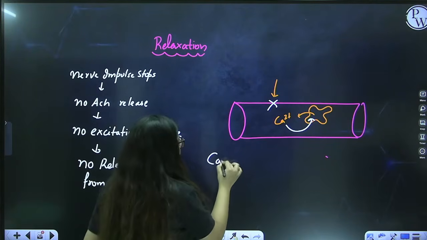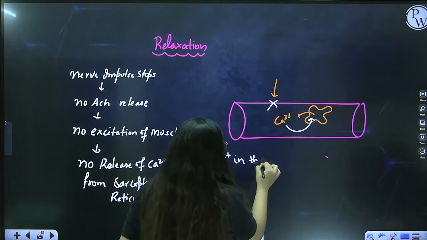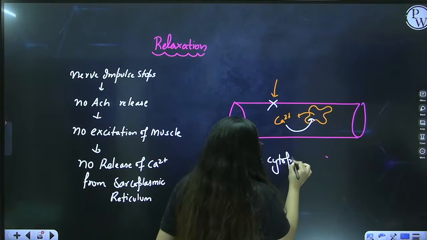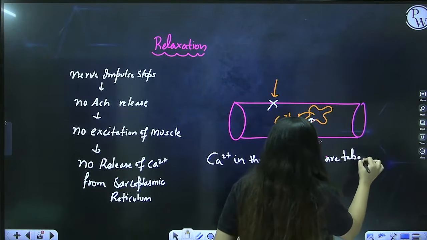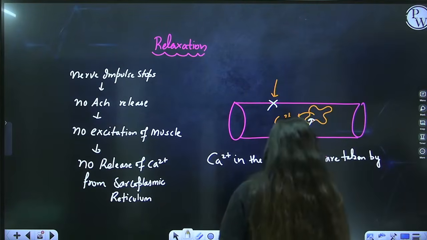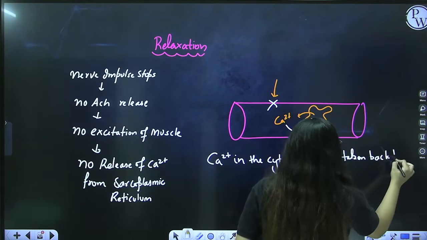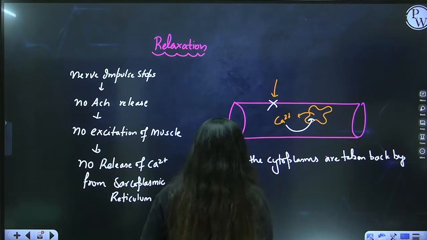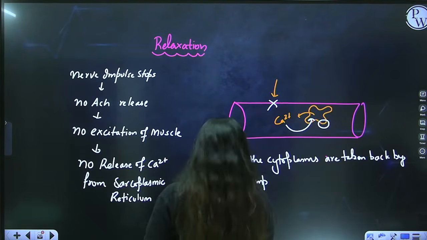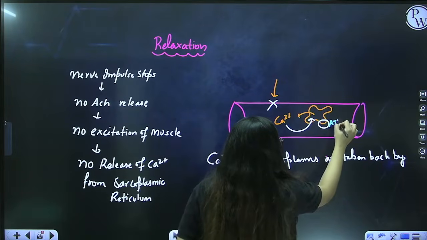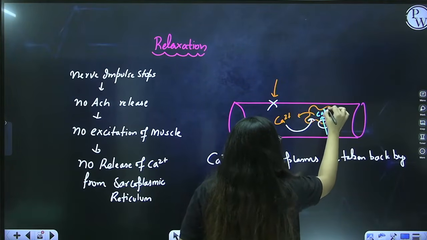So calcium ions in the cytoplasm are taken back by the pumps. What are the pumps? Pumps are certain channels that will use one ATP and take calcium ions back, right?